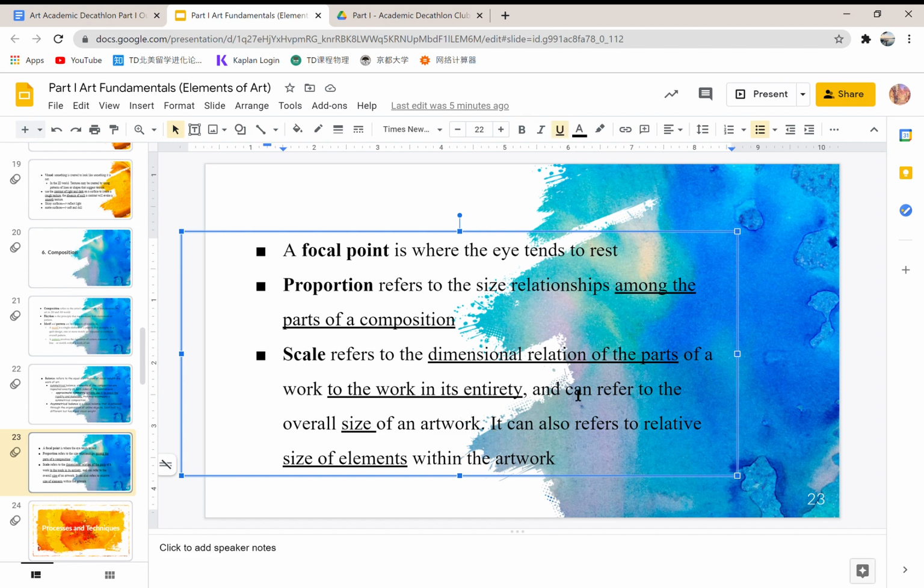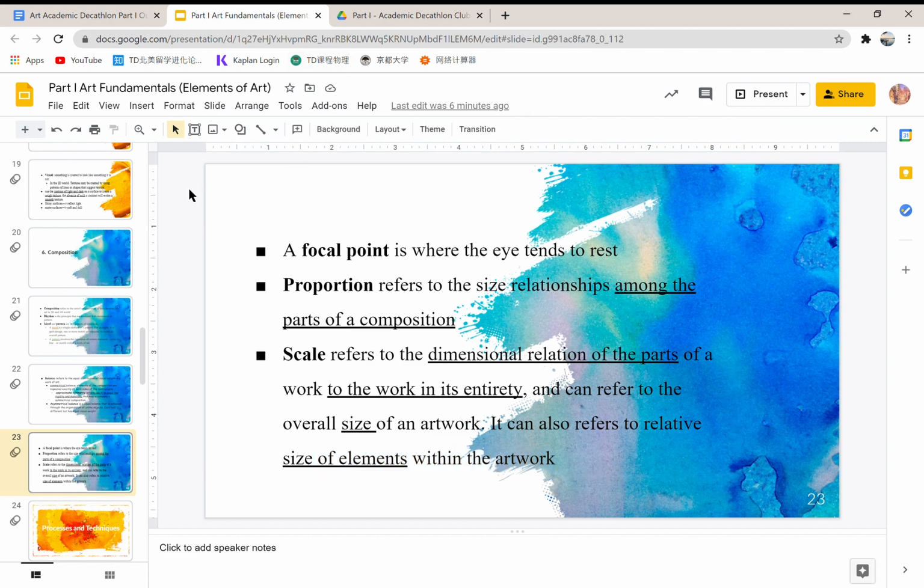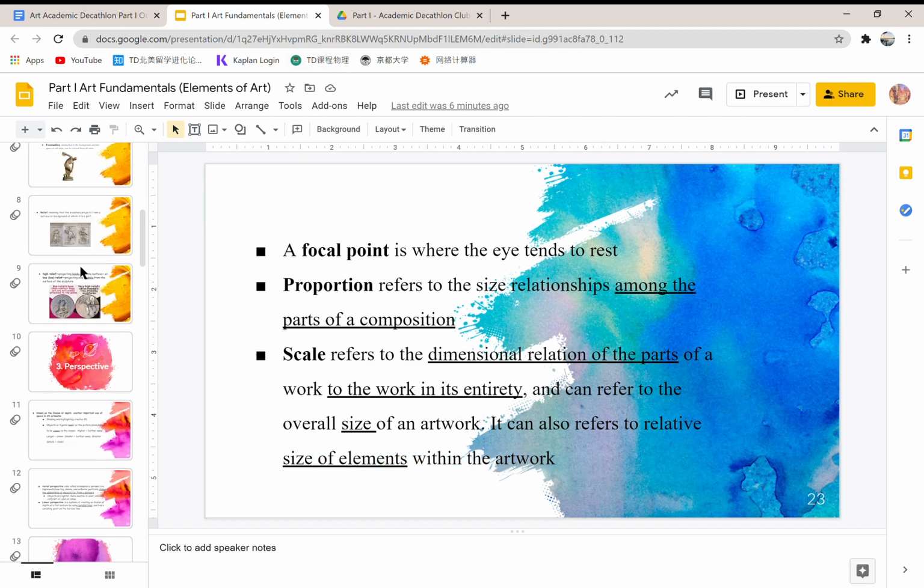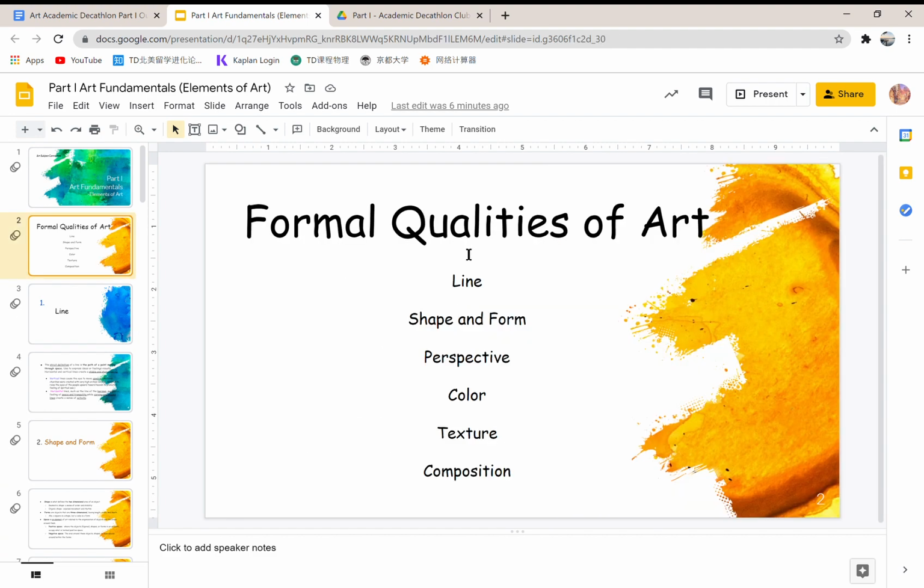So yeah, it's the dimensional relation of the parts of a work to the work in its entirety. Alright, and then scale can also refer to relative size of elements within the artwork. And that's all for the formal qualities of art.